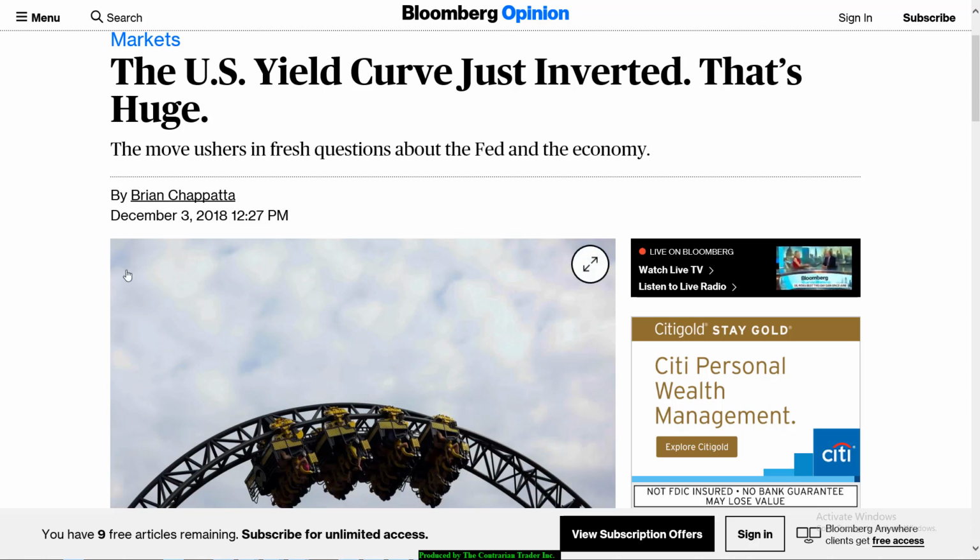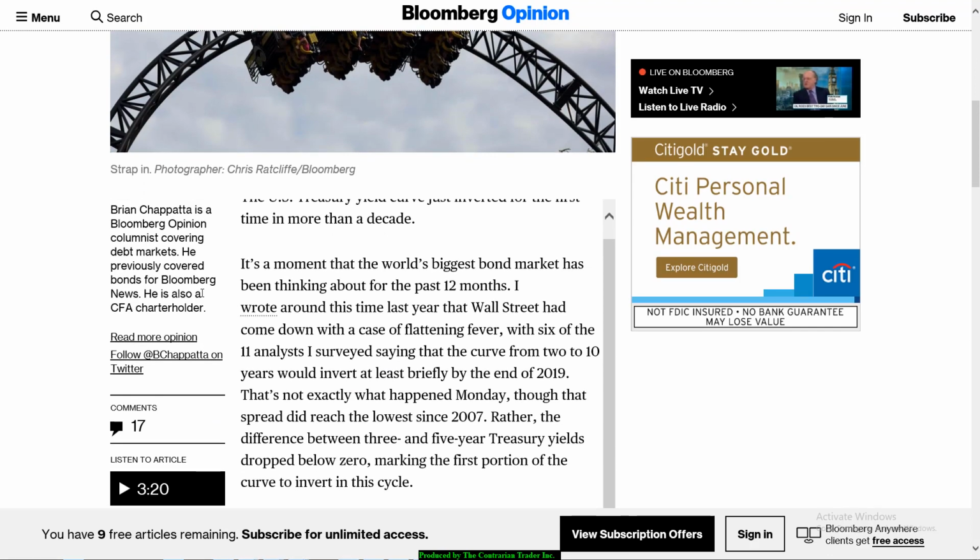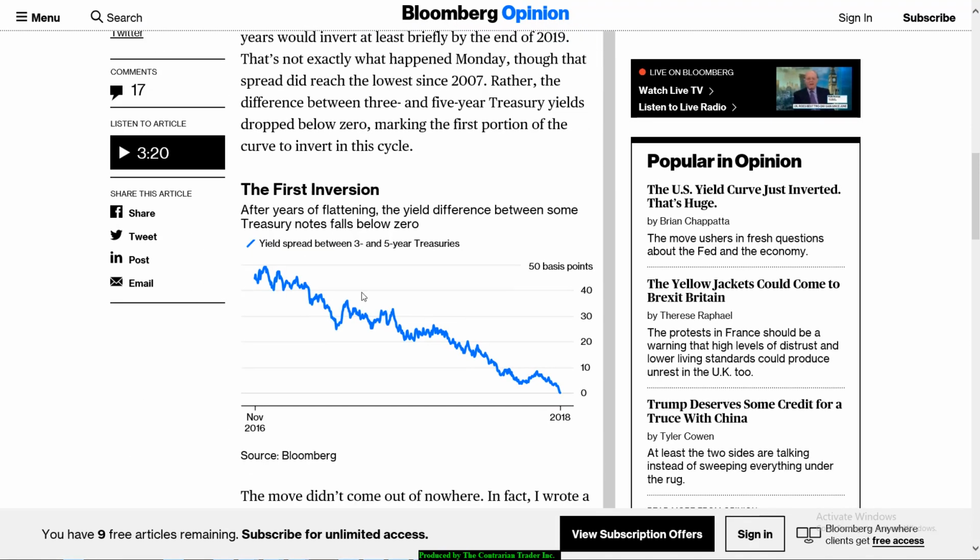Yesterday, it was announced on Bloomberg and ZeroHedge.com that the U.S. yield curve had inverted for the first time since 2007. Now, the yield curve that inverted was the spread between the 3 and 5 year Treasury bonds. What does this all mean?